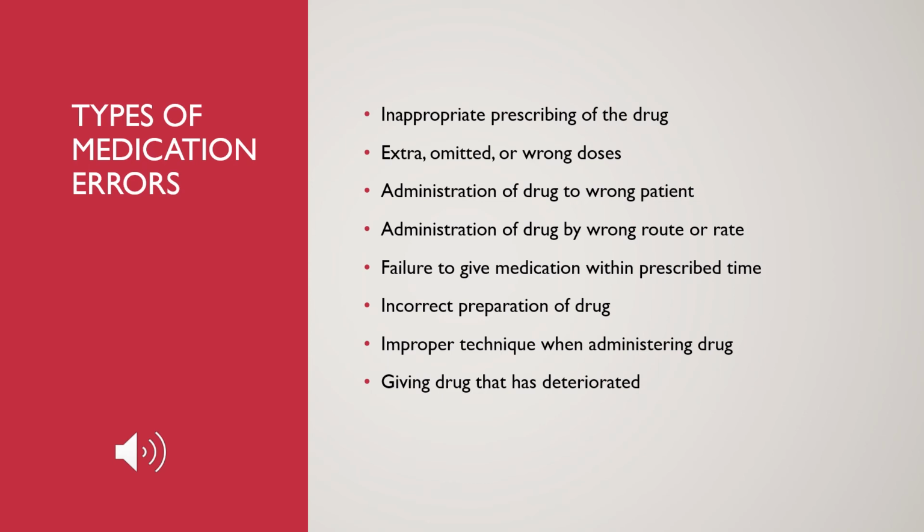So these are just examples of types of medication errors. Again, not all encompassing, but it gives you an idea of, if you look at this list and think about the steps that we're trying to drill into your brain, if you do your steps efficiently and effectively, then hopefully these errors will not happen.